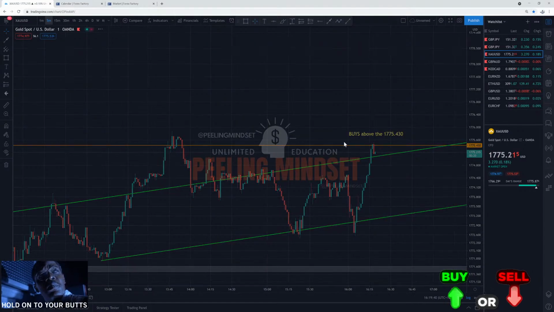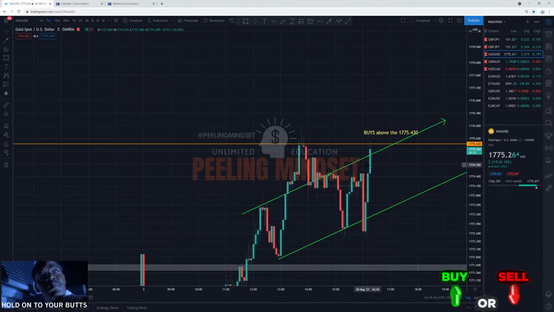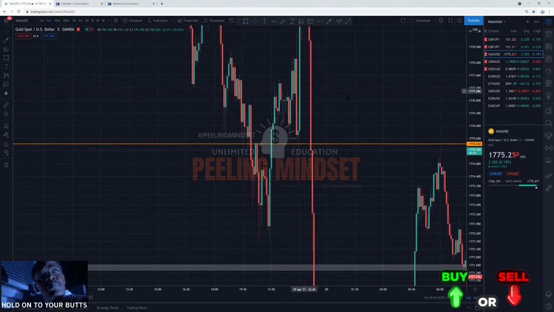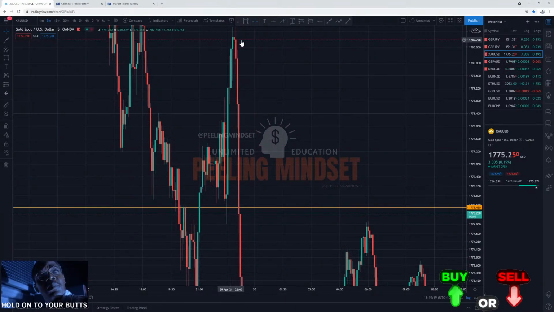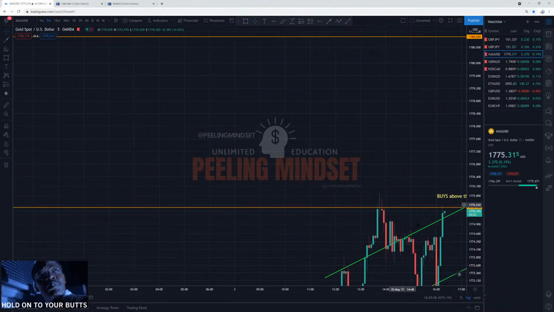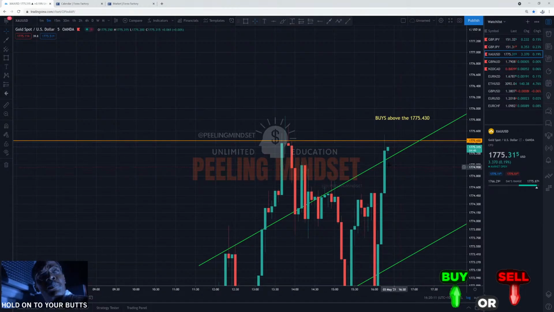We just have to wait. Ten more seconds. So the current 5-minute has made its lower wick, a small wick.